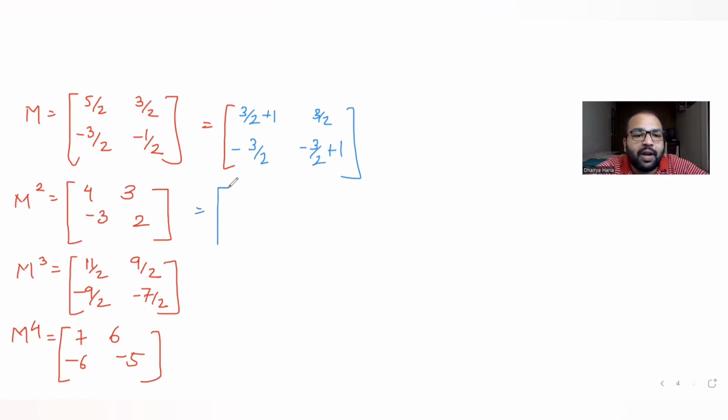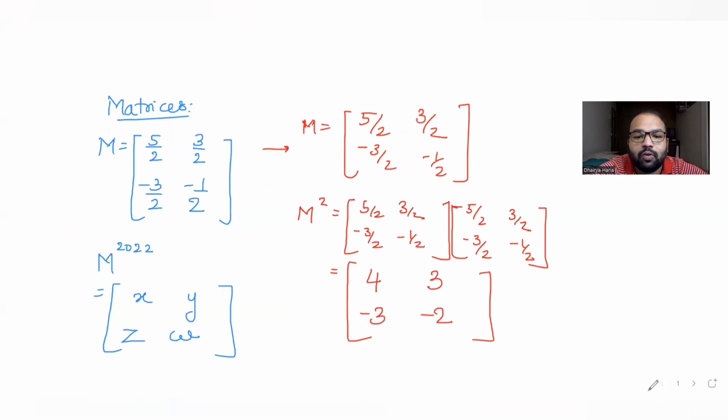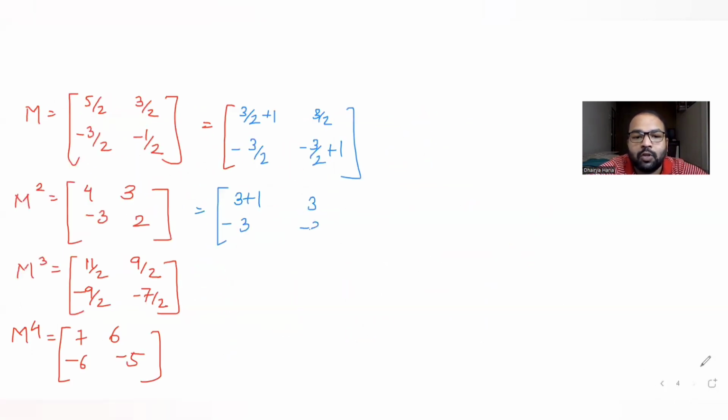Again, I can write all the elements in terms of 3/2 in this case. Here, I can write all the terms in terms of 3. So it becomes 3 plus 1, 3, minus 3, and this is minus 2, so it becomes minus 3 plus 1.